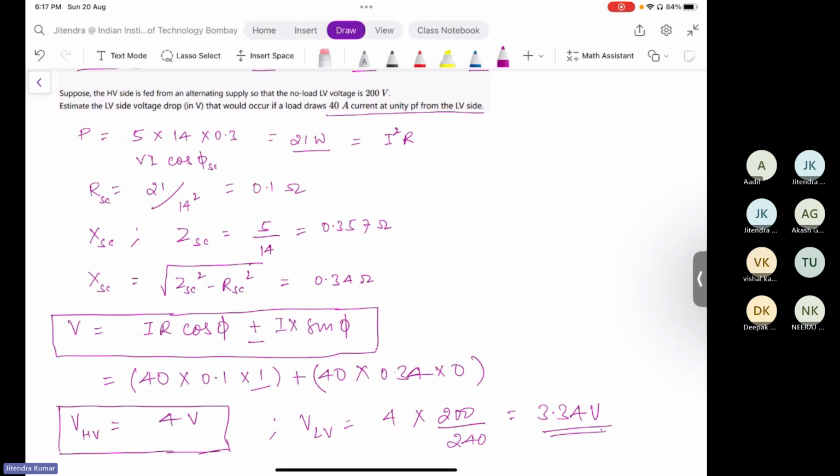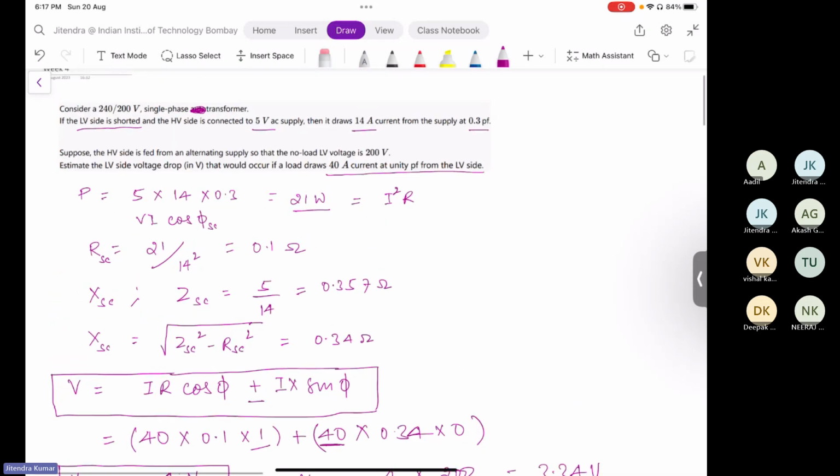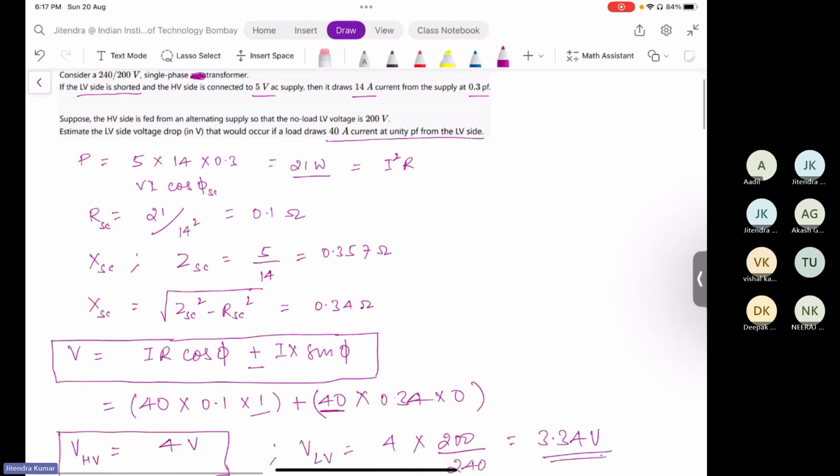So here either we should have first transformed this 40 ampere to the HV side, or we could have transformed the resistance and reactance to the LV side. Here the 40 ampere, given for the LV side, was directly used with HV side parameters.